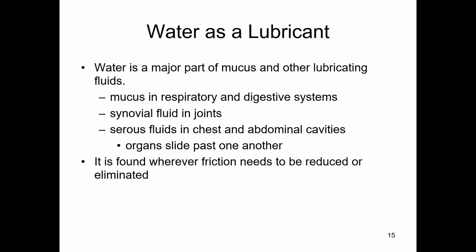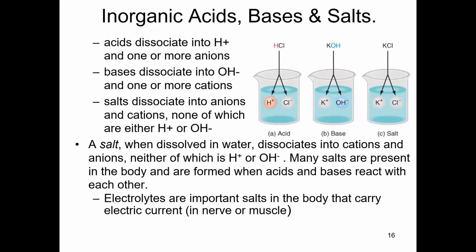These fluids provide lubrication in part in between body parts. We also have fluid in synovial joints. We'll take a look at this in chapter 9. So this aspect of water as a lubricant comes up several times in this anatomy and physiology class.